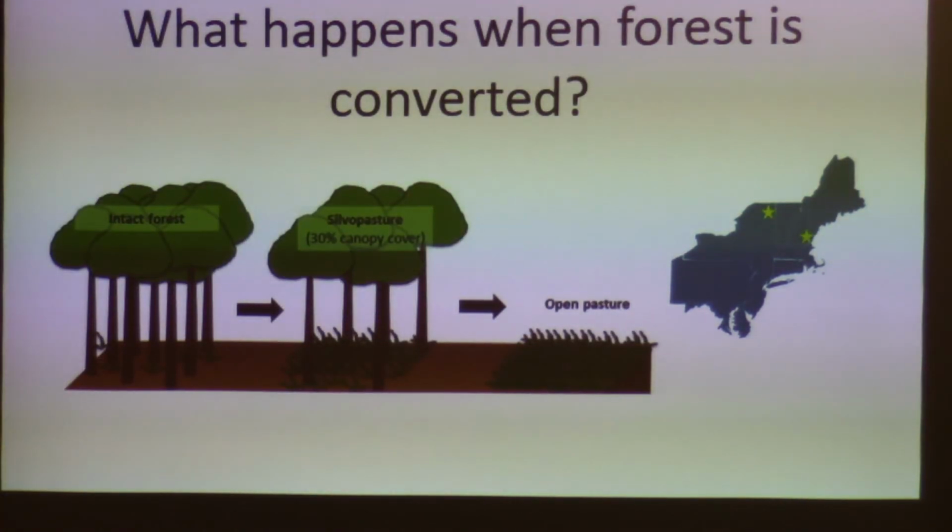What we've been really interested in is what happens when you convert a forest into a silvopasture. What happens from the forage production side, but also what happens to the carbon and the nitrogen and the soils and all of that from an ecosystem environmental perspective as well.